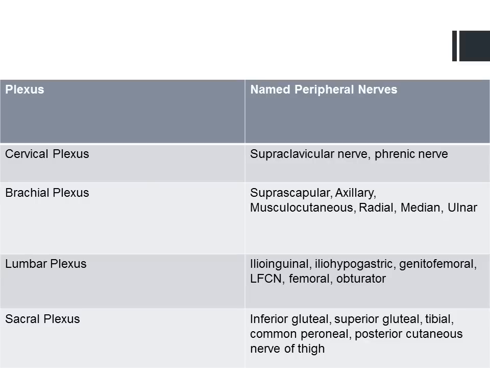There are 2 points of possible entrapment of the suprascapular nerve, and honestly, up until about 18 months ago, I had never heard of a peripheral entrapment of the suprascapular nerve. But since then, I've seen 2 bona fide cases of it, and it's a very interesting condition. Suprascapular nerve palsy is a very interesting condition. And so I mentioned that here as one of the named peripheral nerves from the brachial plexus.